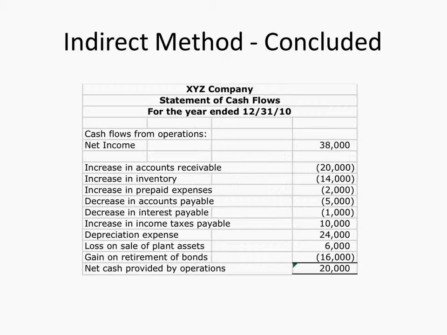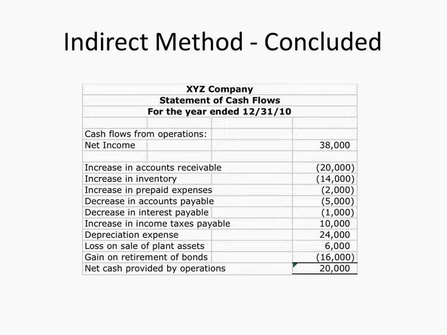Inventory went up, cash went down, because all these assets act the same. Increase in prepaid expenses, cash goes down. Accounts payable went down, cash also went down. Interest payable went down, cash went down. Income taxes payable went up, cash went up. Now, that's everything we went through so far. That's all the items that we touched on. Okay? But we're not done yet.